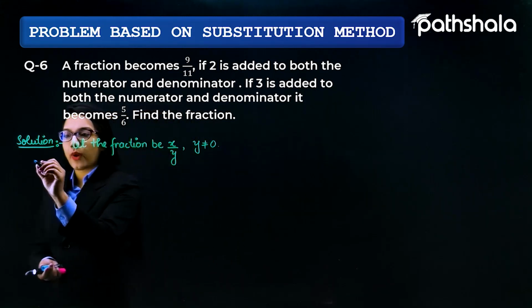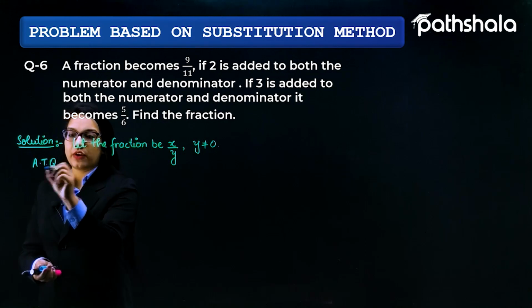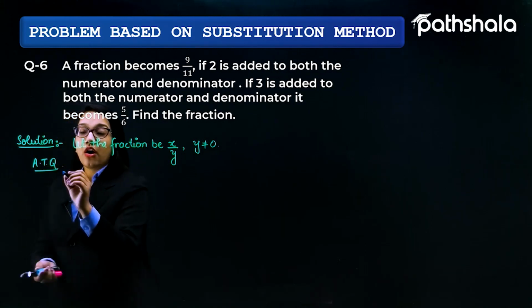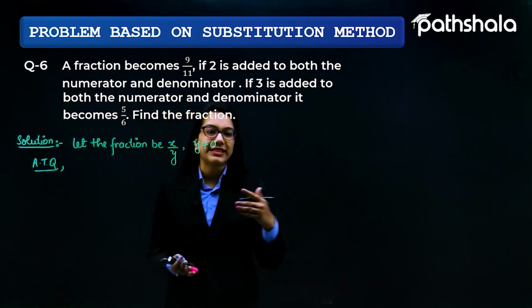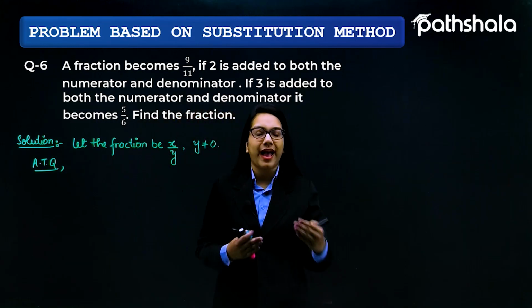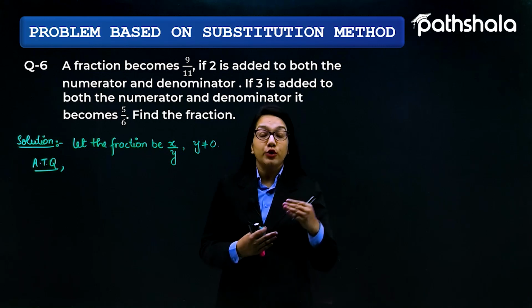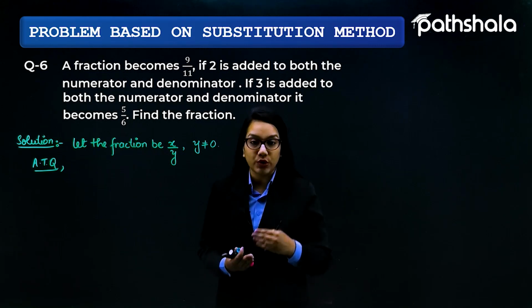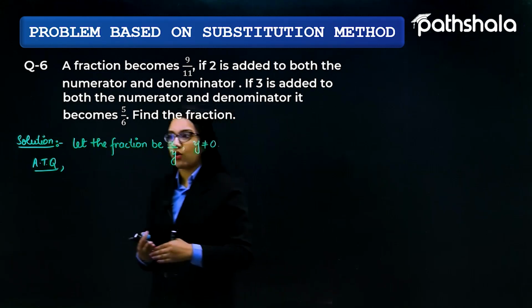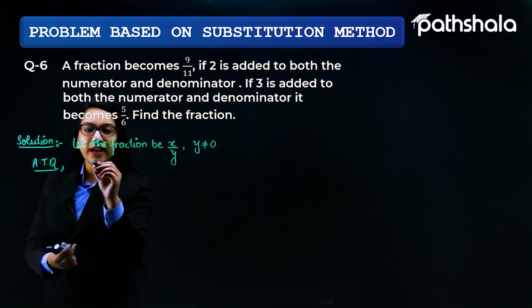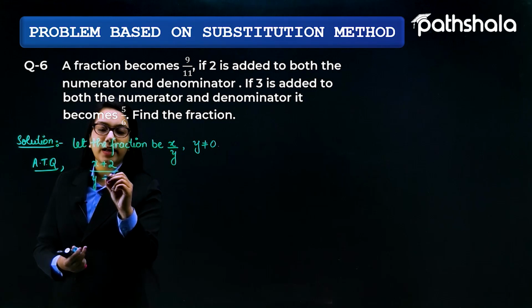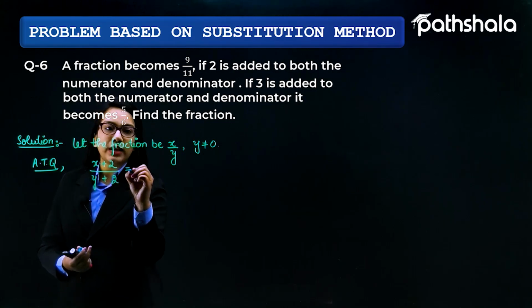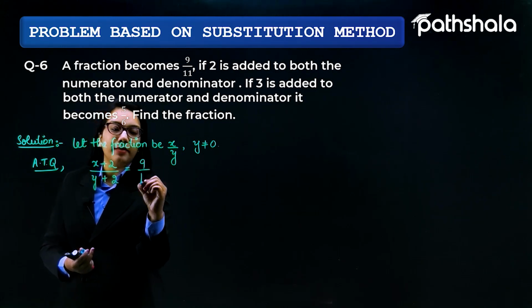According to the question, a fraction becomes 9 by 11 if 2 is added to both the numerator and the denominator. So, x plus 2 divided by y plus 2 is equal to 9 by 11.